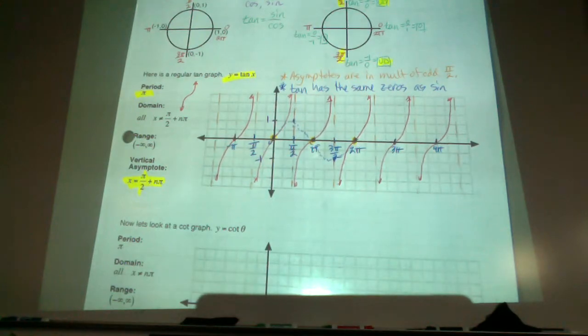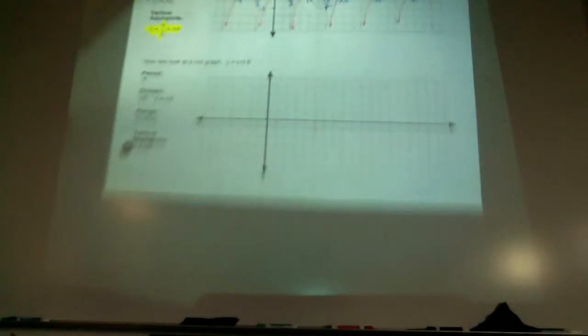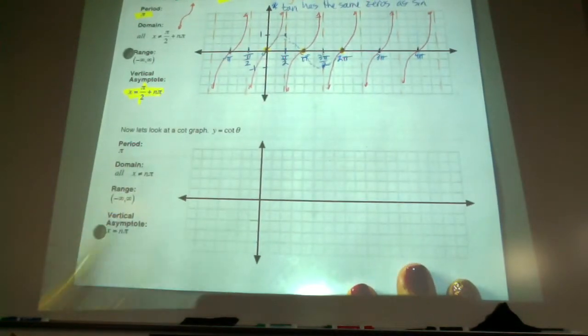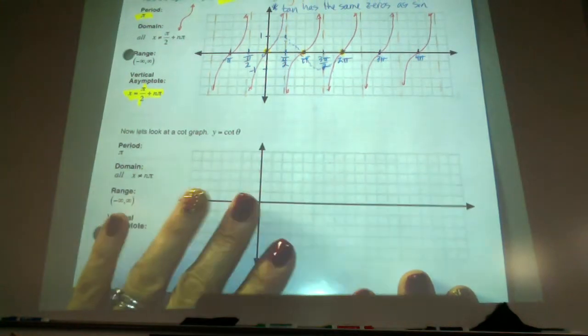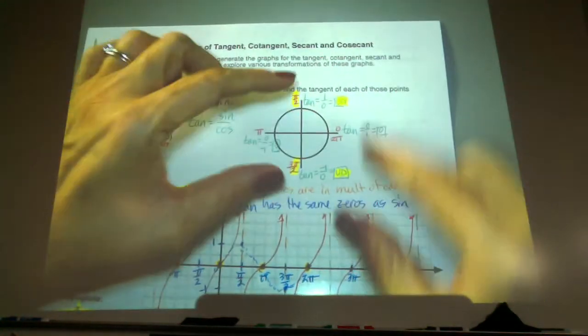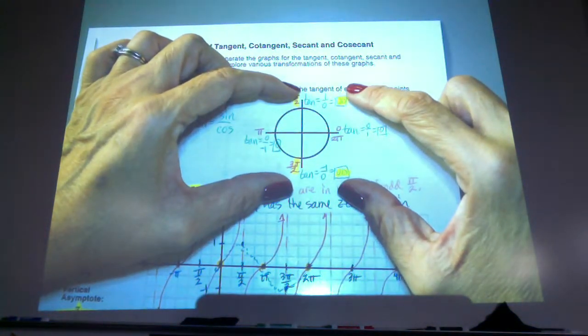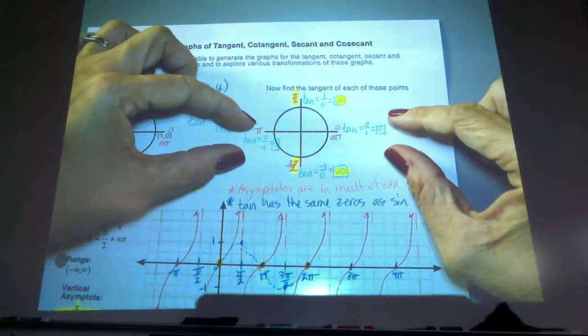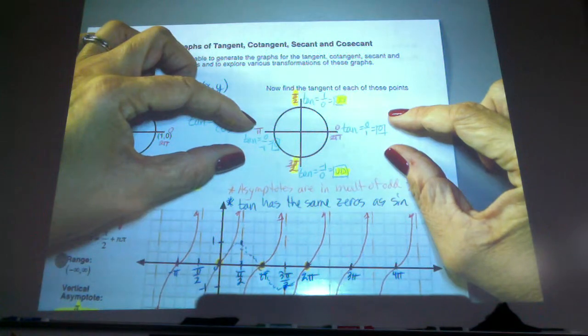All right, so let's look at cotangent. In order to look at cotangent, I need to find its asymptotes, because the important thing about graphing tangent and cotangent is finding the asymptotes. As I look up here, wherever tangent is undefined, won't cotangent be 0? And wherever tangent is 0, won't cotangent be undefined because they are reciprocals of each other, inverses?